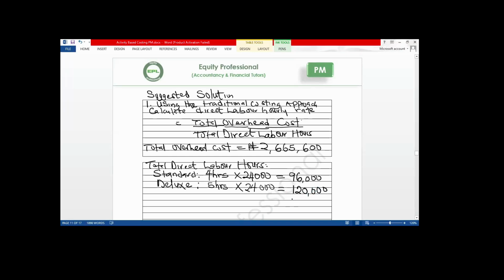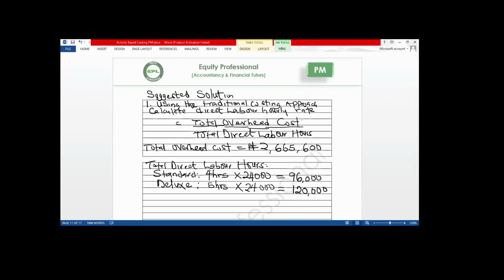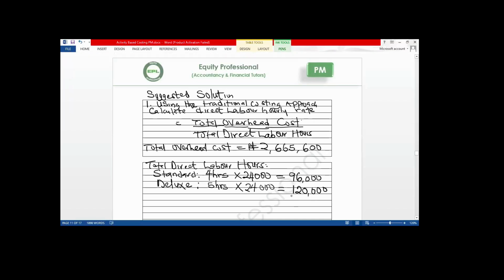120,000 labor hours. Now, total labor hours. The addition of labor hours for standard and labor hours for doulos will give us total direct labor hours. Please sum up. 216,000.